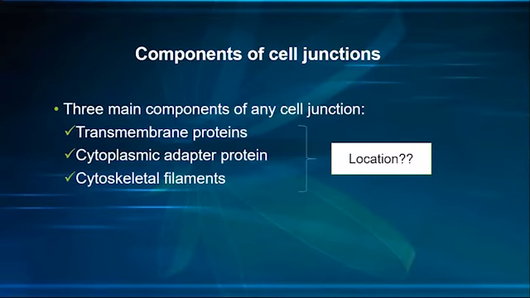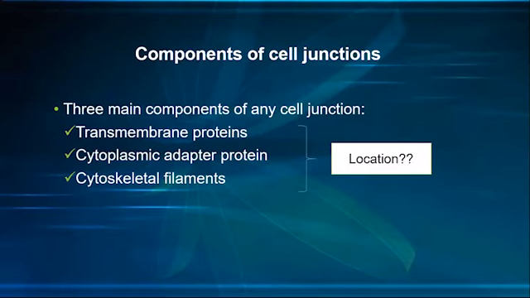ठीक है, दैट ट्रांसमेम्ब्रेन प्रोटीन दैट इज प्रेजेंट on the plasma membrane of the cells, that is connected to the cytoplasmic adapter proteins that are present in the cytoplasm of the cell. ठीक है, and those cytoplasmic adapter proteins, then they are linked to the cytoskeletal filaments. ठीक है, that is a structural framework that is present within the cell.